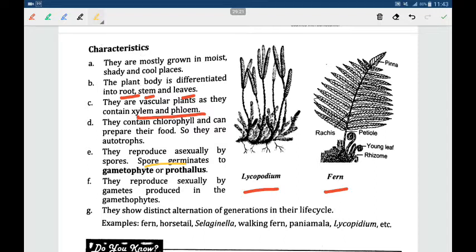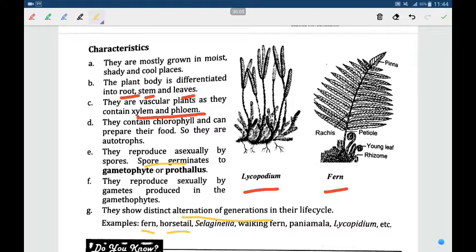And they have fusion of gametes also. In this life cycle also, there is asexual reproduction as well as sexual reproduction. So what are the main characteristics? Number one, the plant body is divided into root, stem, leaves. They reproduce by spores. They show alternation of generation. If you write 3 points, 3 characteristics, it's enough.